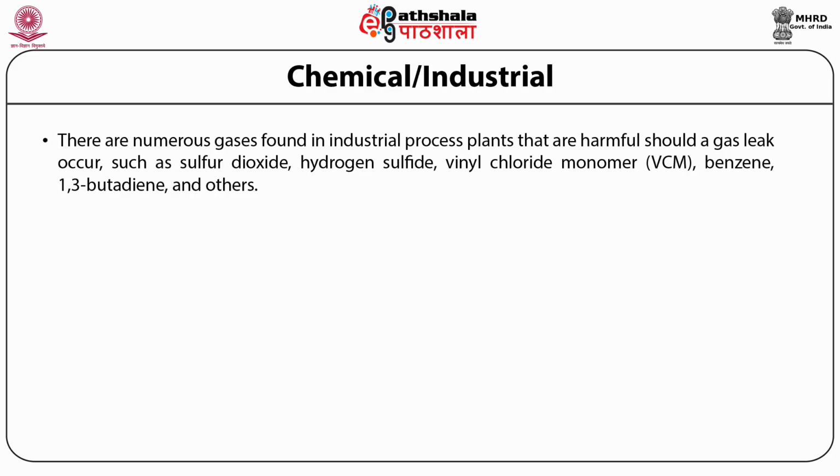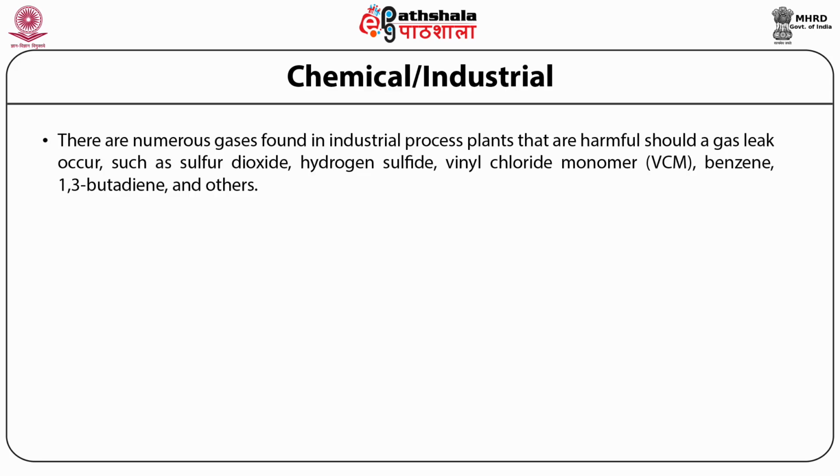These gases may be highly flammable, highly explosive, and or highly toxic. Inhalation of these compounds can result in conditions like pulmonary edema, oxygen deprivation, or even death. Therefore, an ambient air monitoring system is required in industries by state and federal regulations.